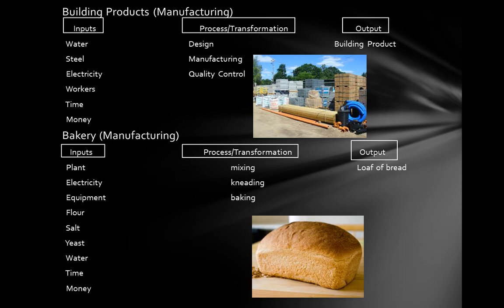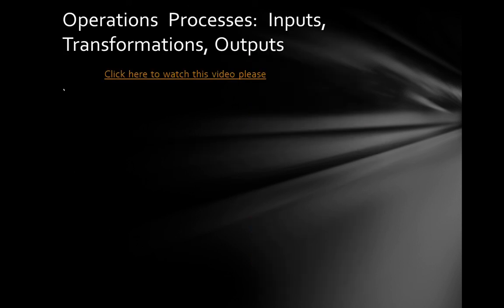A bakery, inputs can include the plant, electricity, equipment, flour, salt, yeast, water, time, and money. The process could include mixing, kneading, baking, and the output, a loaf of bread. This is a tangible product because you can touch it. Here is a short video about the operations process, the inputs, transformations, and outputs.